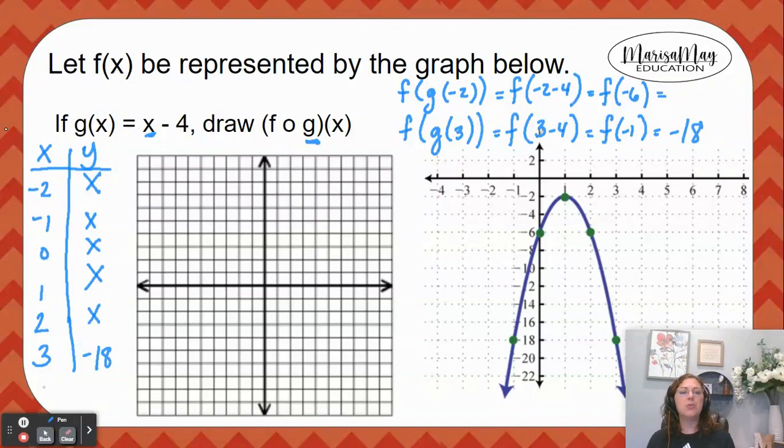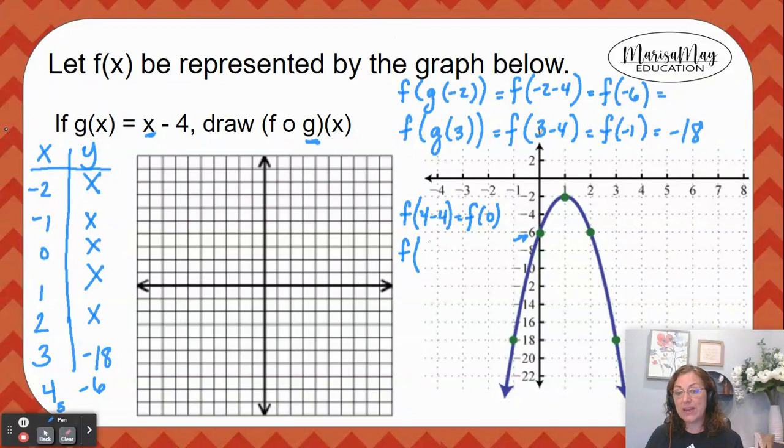Okay. Let's do when x is 4. So when x is 4, we'll do f of 4 minus 4, which is f of 0, which tells us, okay, when x is 0 on the graph, what's y? That's -6. Let's do one more. I think you're going to see the pattern. Let's do 5.